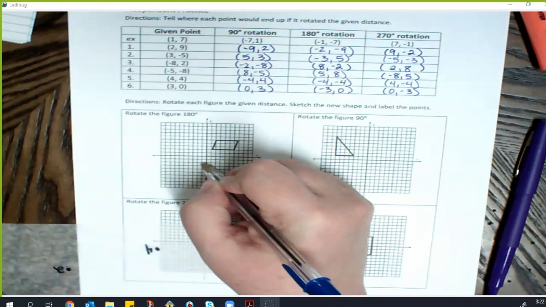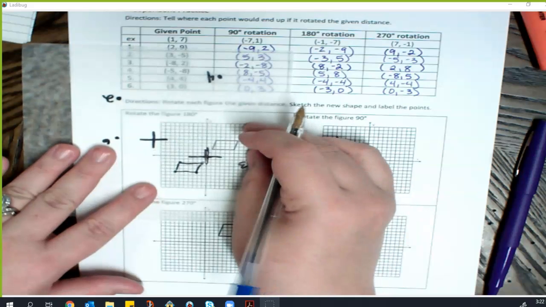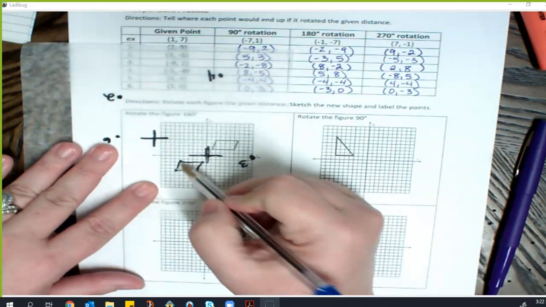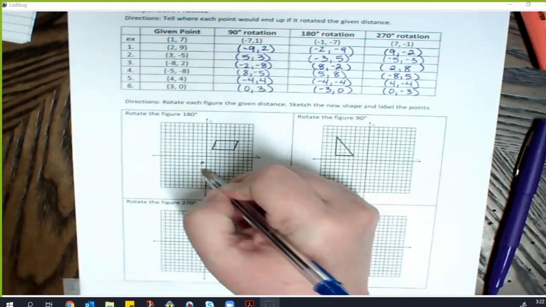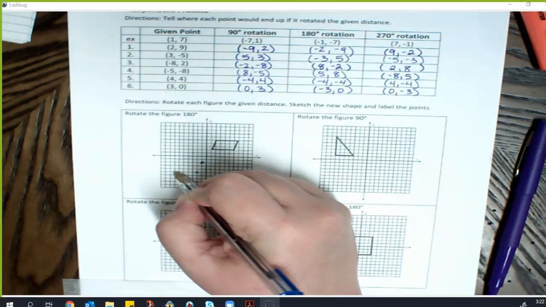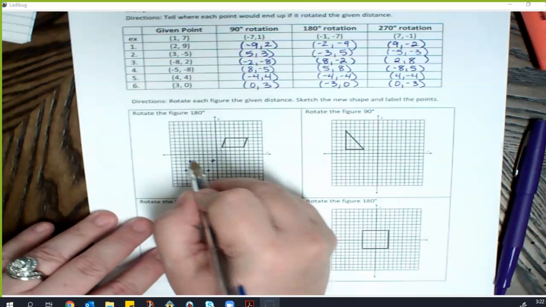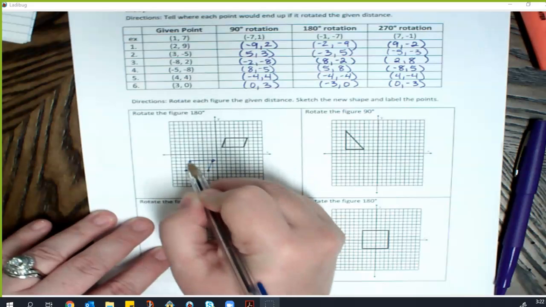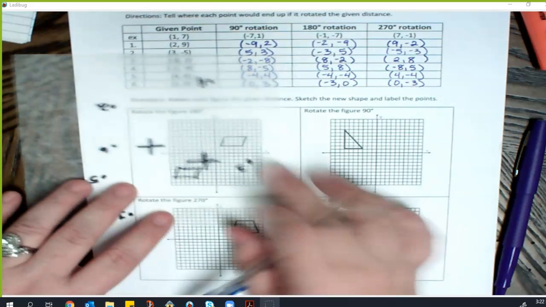And then you would just keep lining that up, finding your ordered pairs and you would trace it. And once you've traced it, then you should be able to match it back up.